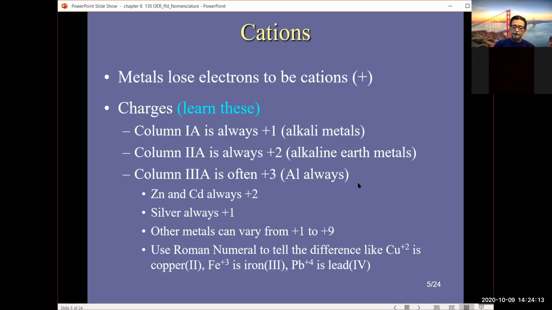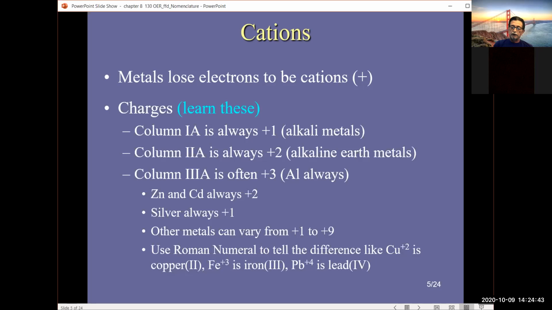It depends on the conditions. And here are some examples of other metals that are not part of the 16 that we have to use Roman numerals for. For the 16, when we write their name out, there should be no Roman numerals because the oxidation state is exact, it's constant. Only for all the other metals do we use Roman numerals.